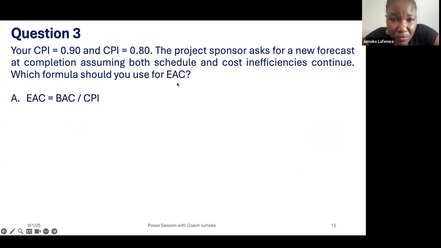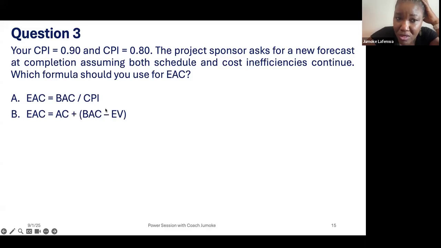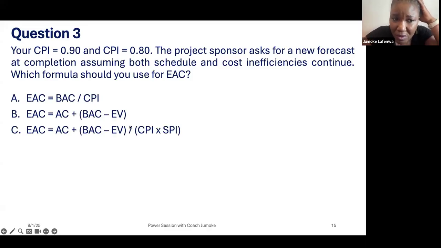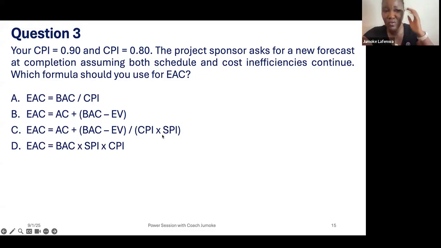Which formula would you use for EAC, for estimate at completion? Remember, there were 3 formulae that you can use to find the estimate at completion. So this is where PMI wants to know whether you know them.